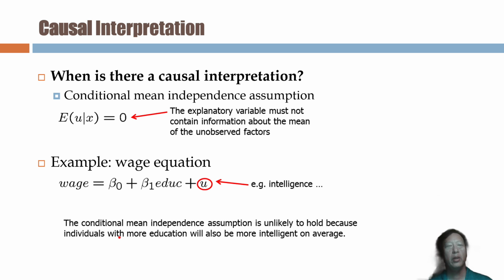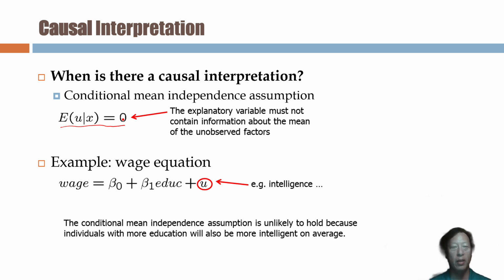And the causal interpretation. What is the causal interpretation? The conditional mean independence assumption. Actually, I mixed up some slides here and there. So the expected value of u given x should be 0. What does it mean?